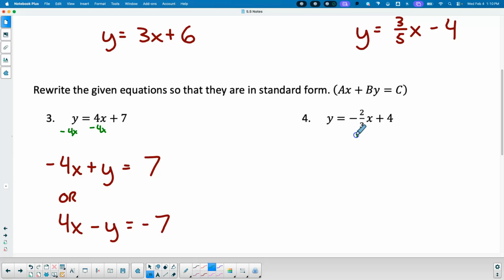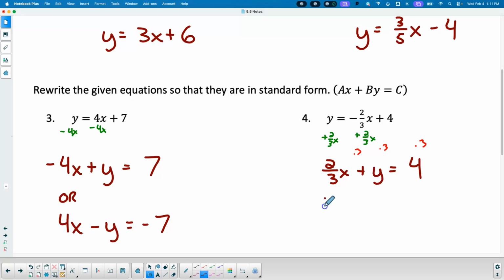Here on this one, add 2/3 x to both sides. So then that would give us 2/3 x plus y equals 4. I would accept that, but I would really like it if you multiplied everything by 3 to clear that fraction.